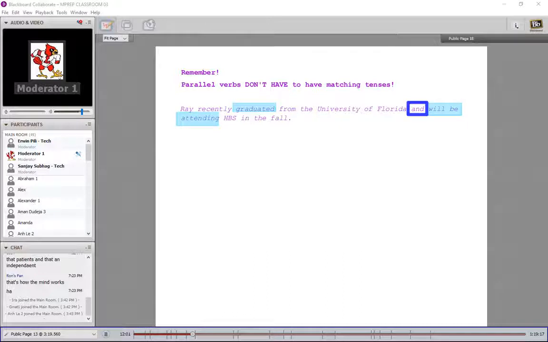Because remember, tenses are a function of context. Grammar-wise, all verb tenses are basically the same. But it's context and common sense that determines what tenses you should have. So this is something that happened in the past, and this is something that has not happened yet. So you don't need matching tenses. Don't think that you do.